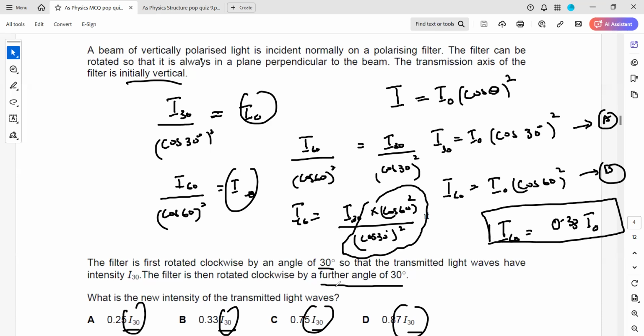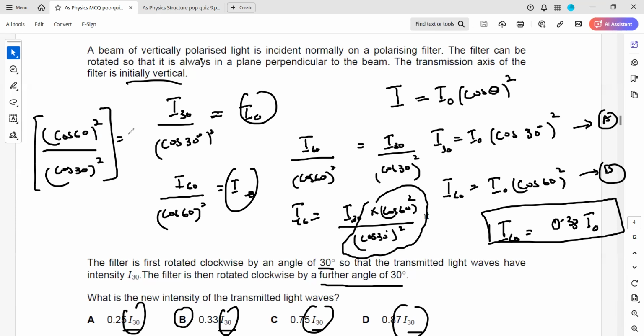So that's why B will be the right answer. Now, how to solve this? First you take cosine 60, then take a square, then take cosine 30, then take a square, and divide them. The value of this factor is 0.33.